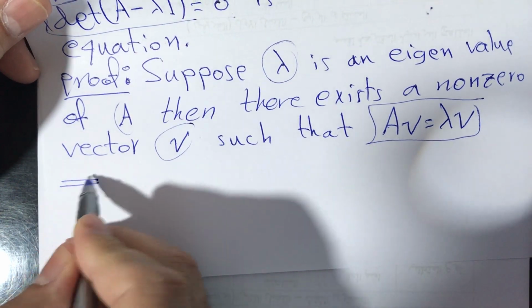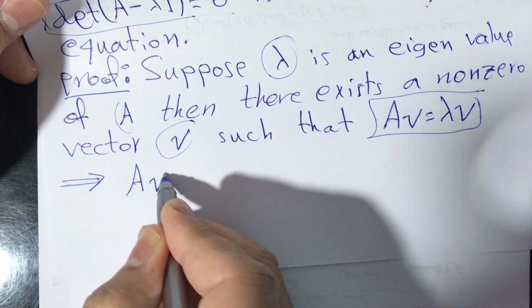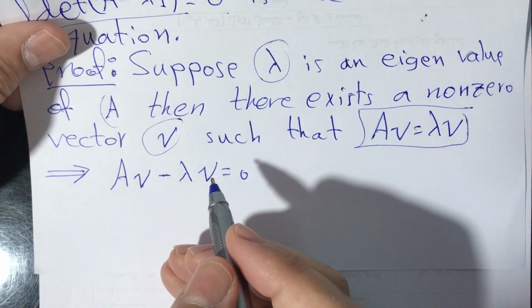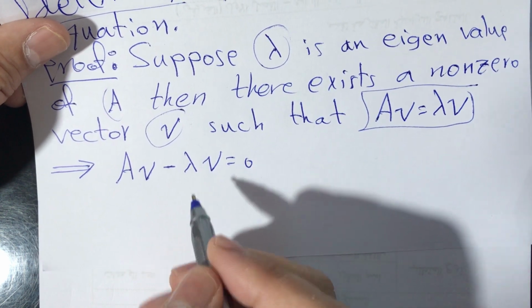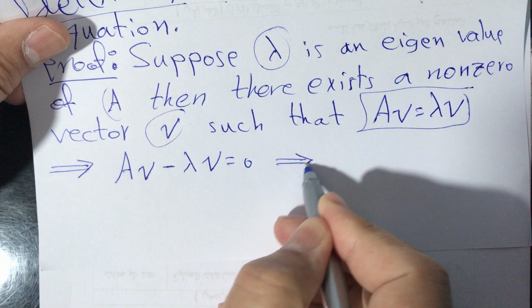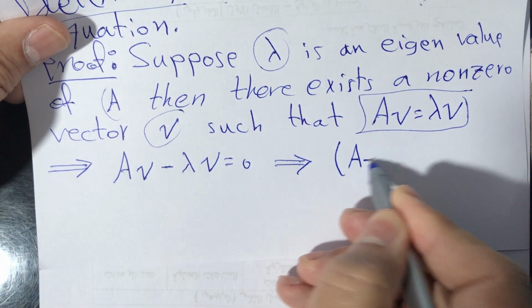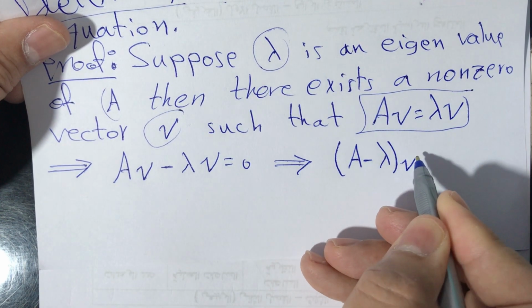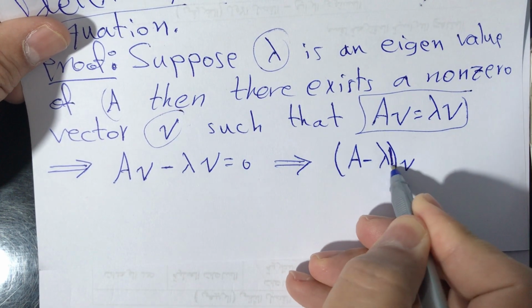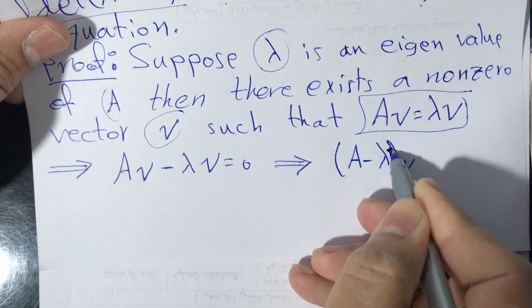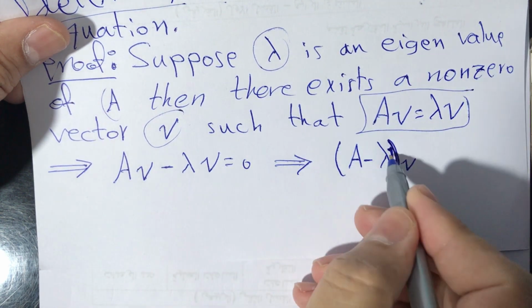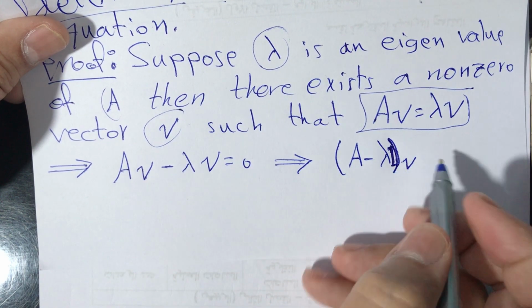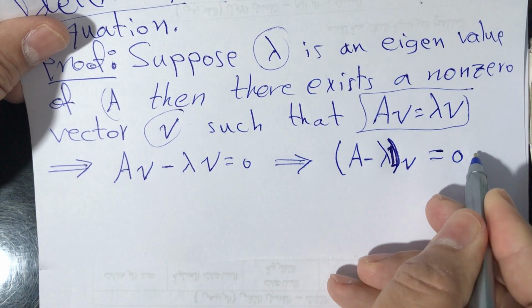This implies AV minus lambda V is equal to 0, which also implies A minus lambda I, applied to V, is equal to 0.